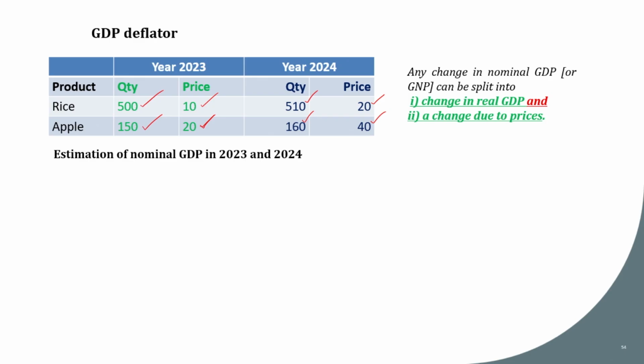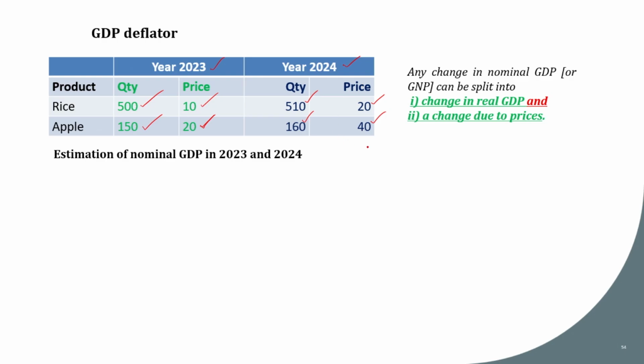When they are calculating GDP in 2023, they use the quantity of 2023 and the price of 2023 itself. That means when CSO calculates, in fact, they directly calculate nominal GDP. So they calculate nominal GDP in 2023, and in 2024 they calculate nominal GDP of 2024 using the quantity of 2024 and the price of 2024.